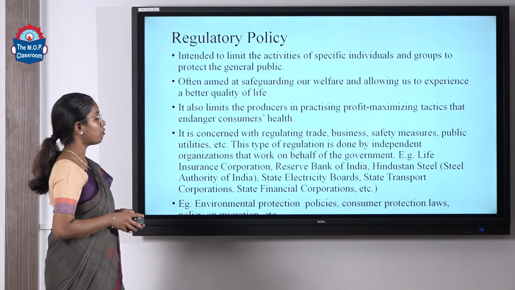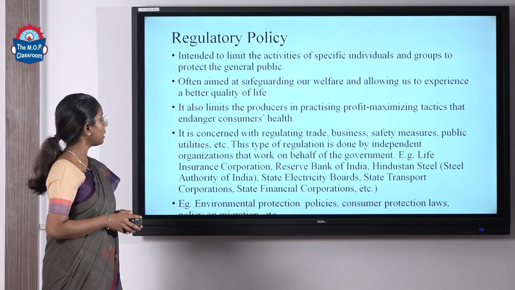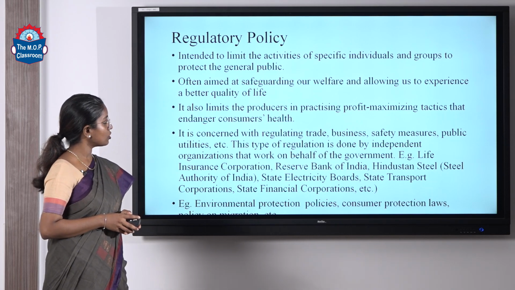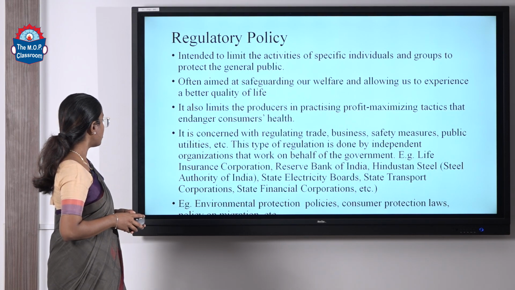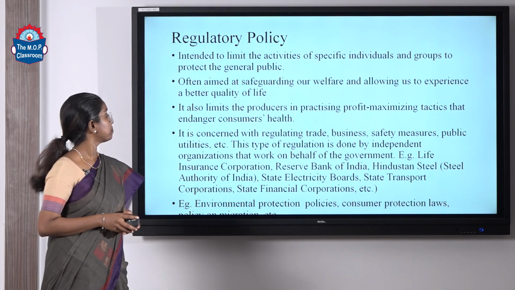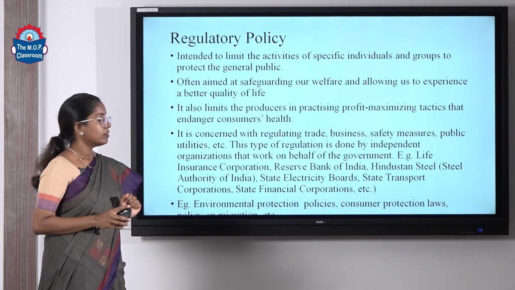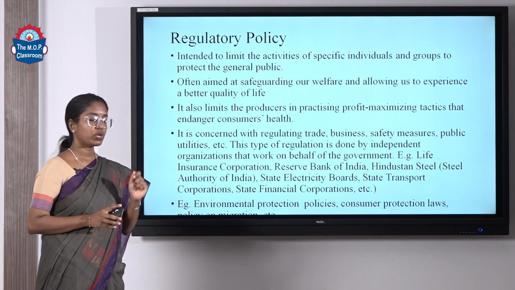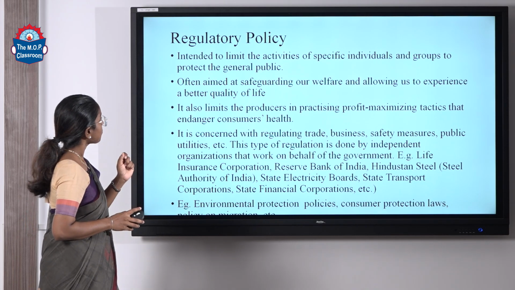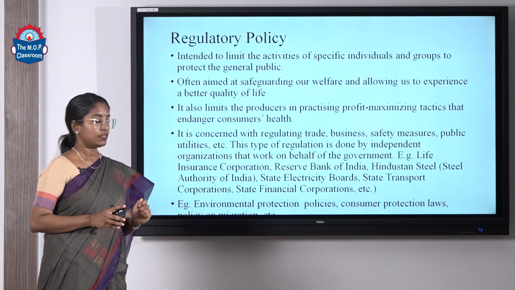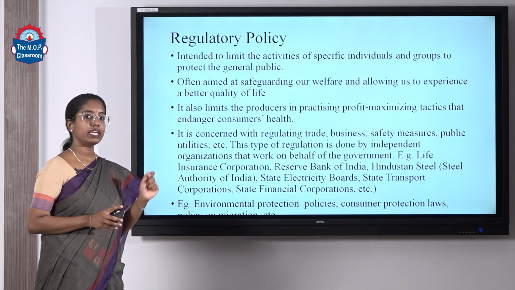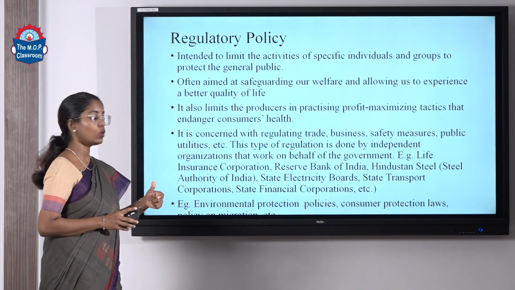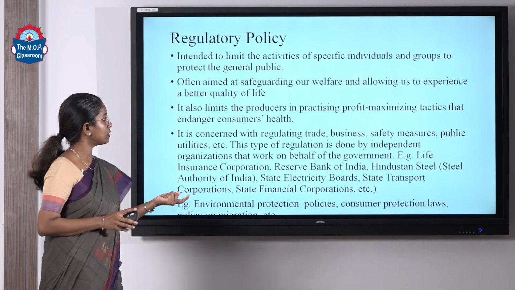Examples of regulatory public policies are environmental protection policies, consumer protection laws, and the policy on migration. When we look into the concept we have based this typology on, the costs and benefits, we can identify who bears the cost and who benefits from this policy.